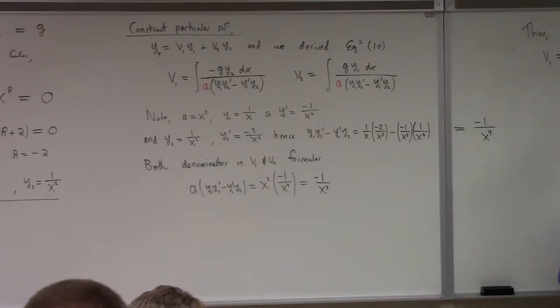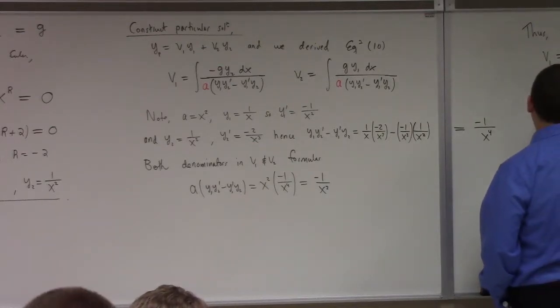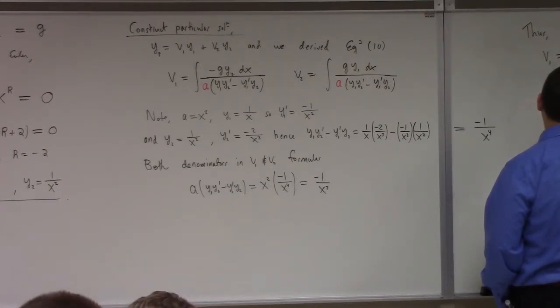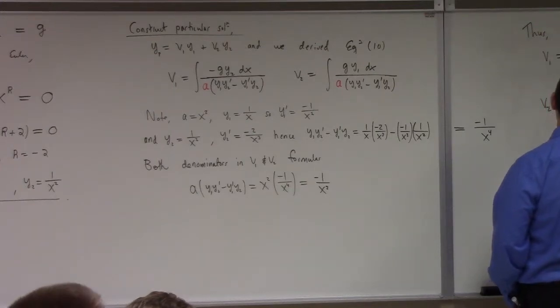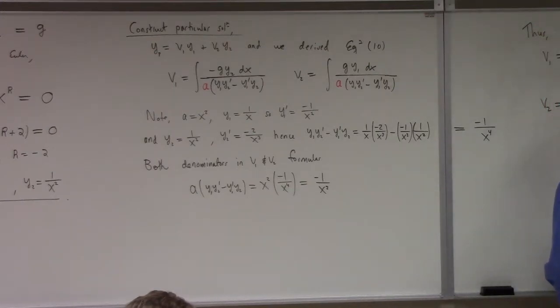So in fact, it looks like v1 is just the integral of g dx as it happens. And what's v2? G times 1 over x, and then the denominator is the same as it was. So that looks like it's just going to be minus the integral of x times g dx.